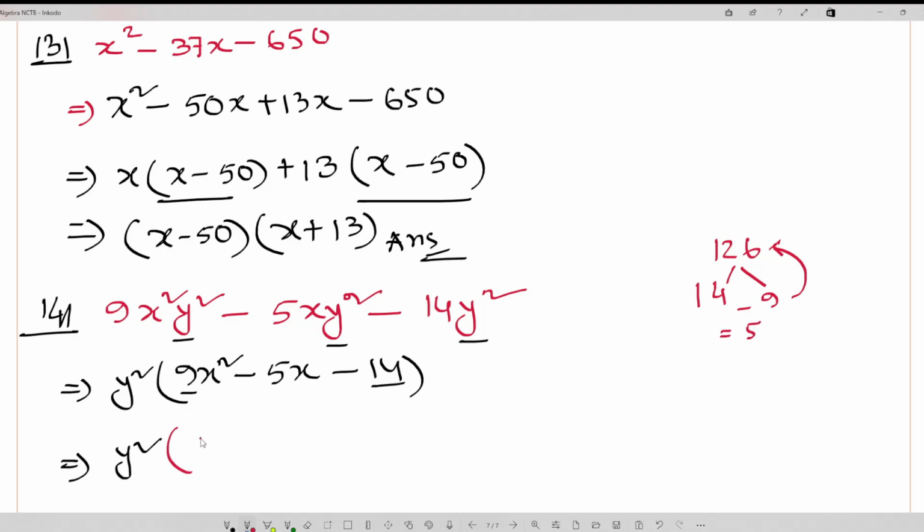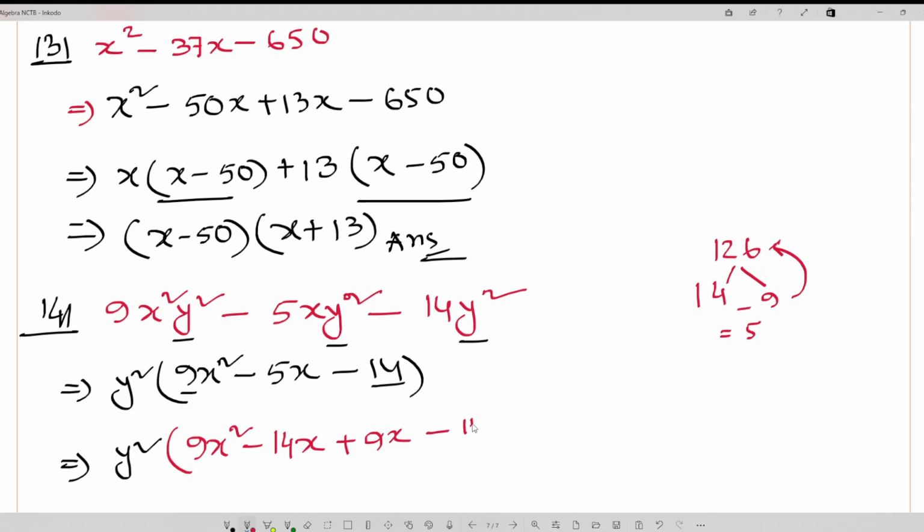So in this case we can write 9x square minus 14x plus 9x, right?